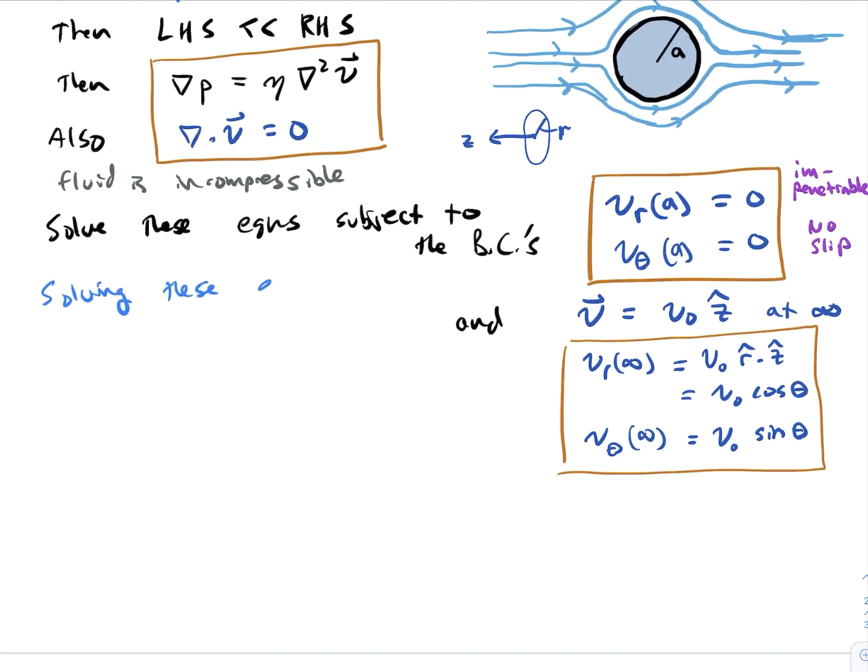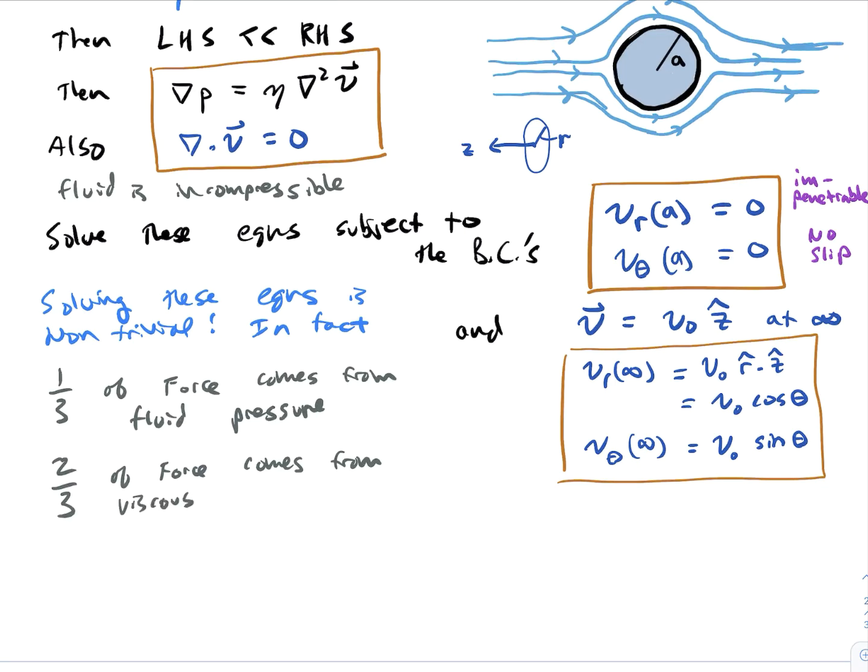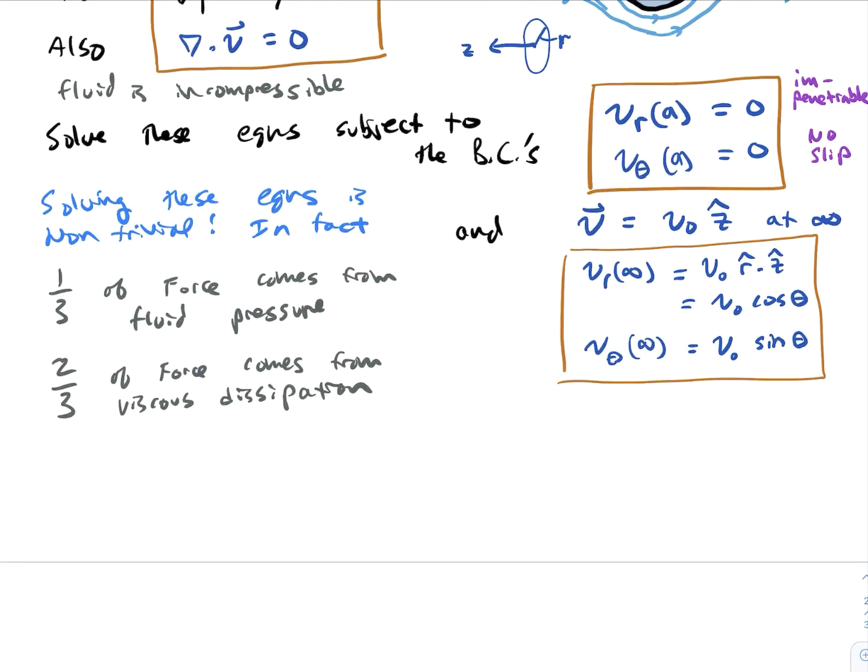And solving even this equation in this simple limit is non-trivial. In fact, it turns out that something like a third of the force comes from the fluid pressure component, and 2/3 of the drag force on the sphere comes from the viscous dissipation. So again, a non-trivial solution for the flow past the sphere of velocity v, or equivalently the sphere moving at velocity v through the fluid.